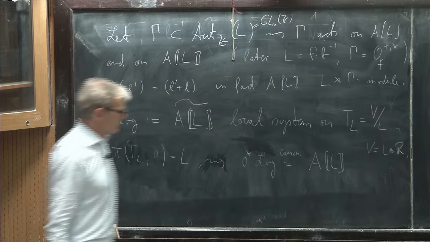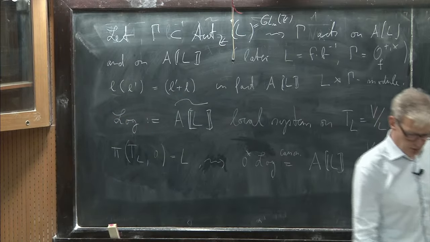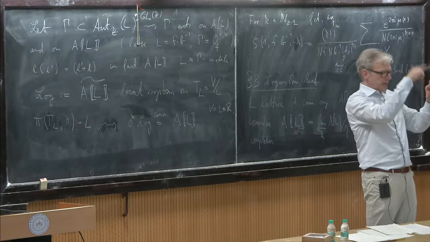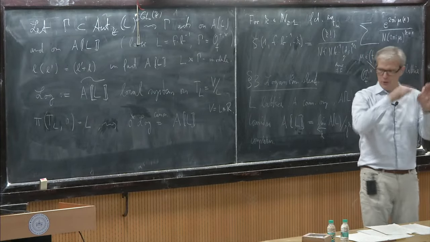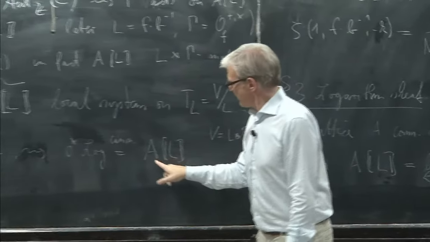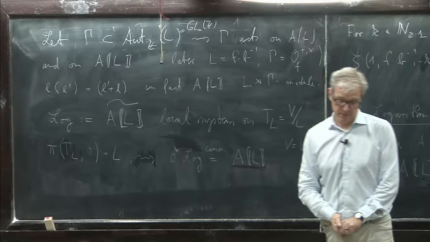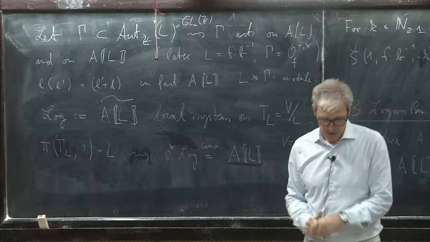So how should you think about such a thing? For example, on the circle, this is really something like a fiber bundle, and in each fiber over the torus, you have something which is non-canonically isomorphic to this ring, whatever that ring is.